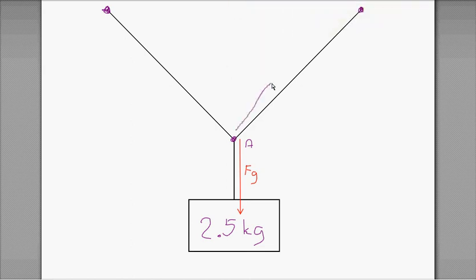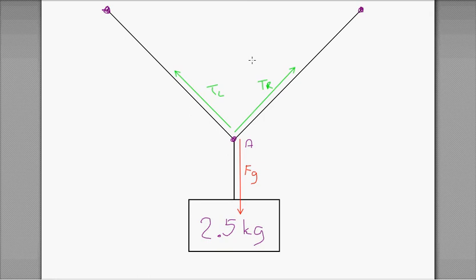It's got a tension that pulls it up this way, and it's also got a tension that pulls it up this way. Call that T1. It doesn't matter, you can call it T. We call this TL, and we call this TR if we wanted to, or left and right. Whatever you want. These subscripts are names that you're making.